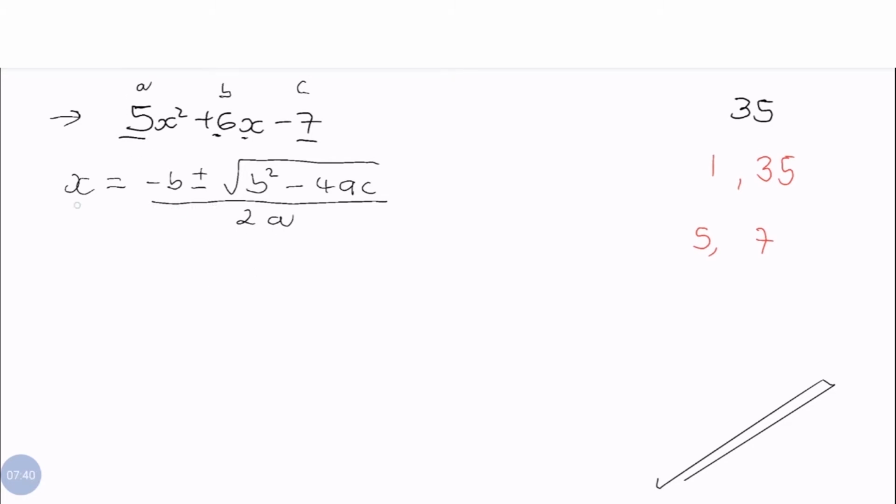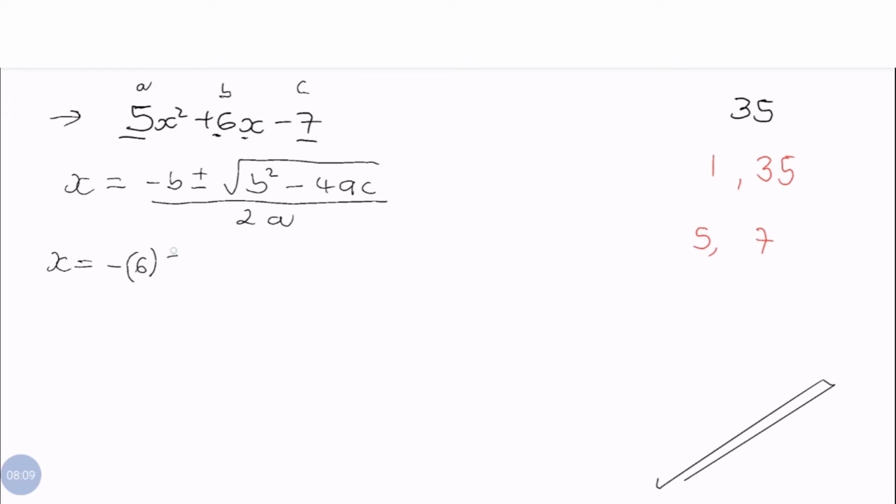Now let us substitute into our quadratic formula. So x is equal to minus b. b is the coefficient of this x. So the coefficient in this case is 6, a positive 6, which means we'll put it in brackets. And 6, which is positive, and the negative is outside the bracket.